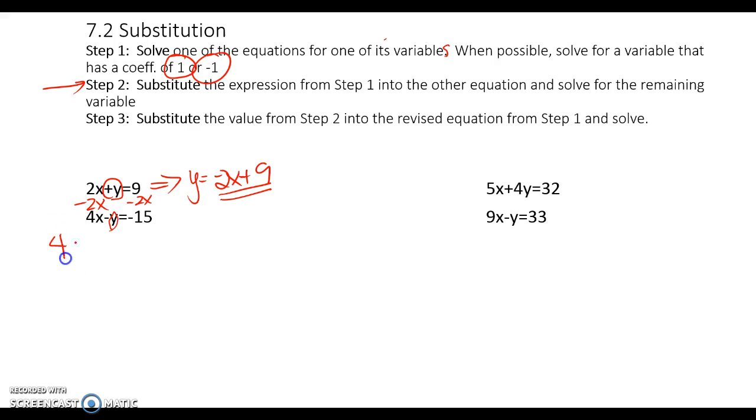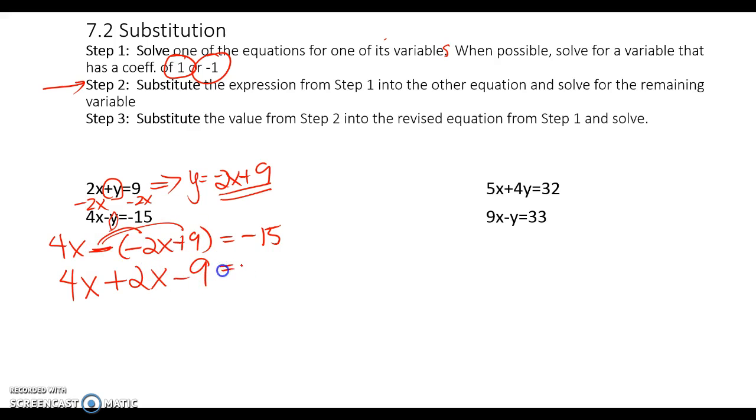So this becomes 4x minus y, now y is this quantity, put it in parentheses, equals negative 15. I need to put it in parentheses because I have to distribute this negative sign. So I get 4x minus a negative 2x minus 9 equals negative 15.